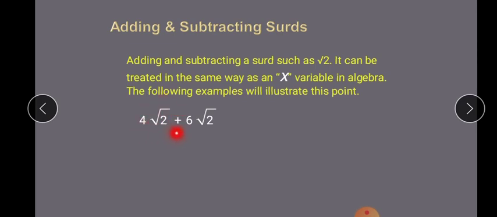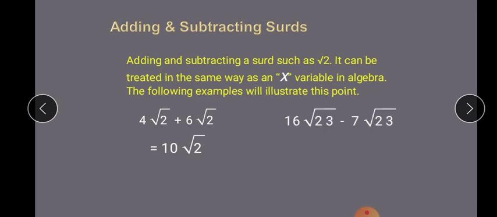So 4x plus, again this is 6x. Why x? Because we have taken root 2 equal to x. So 4x plus 6x, if we add, we will get 10x. Now what was x? x was root 2. So the answer is 10 root 2.